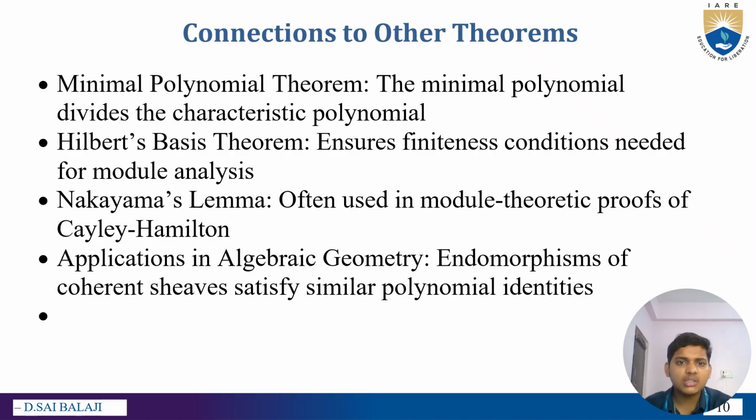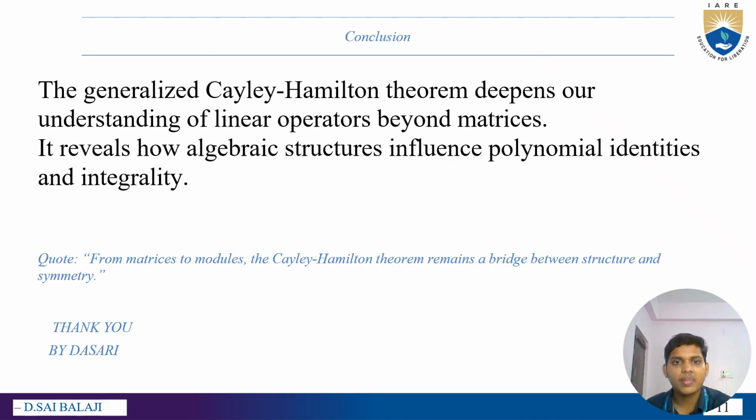And Nakayama's lemma is often used in module-theoretic proofs of Cayley-Hamilton. In module theory, we have M a module and A a commutative ring over which it is generated. We have seen this. And applications in algebraic geometry we already discussed: endomorphisms of coherent sheaves satisfy similar polynomial identities, etc.